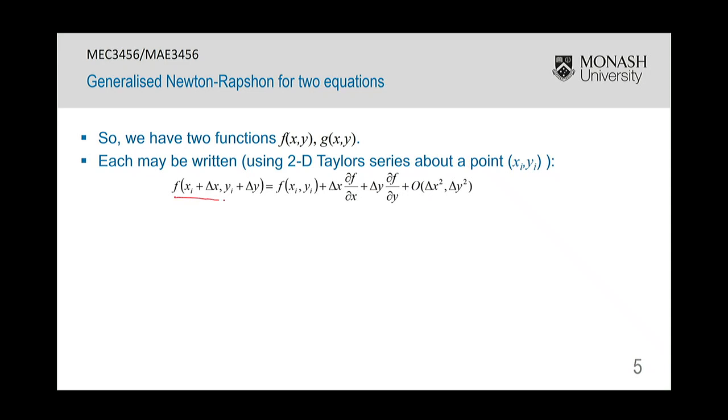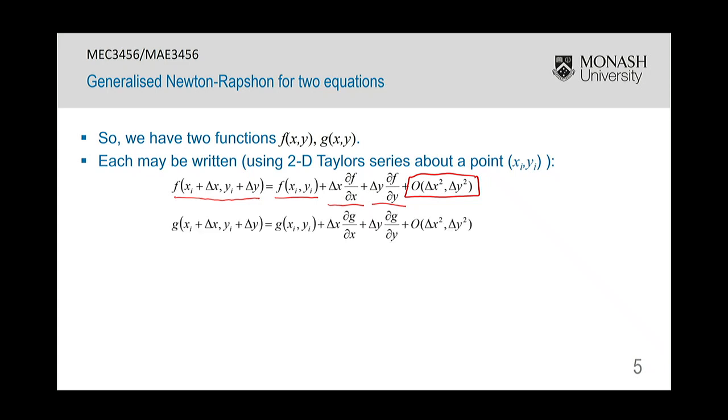So the left-hand side value here is equal to the function value at xi, yi plus delta x times the partial derivative of f with respect to x plus delta y times the partial derivative of f with respect to y plus some higher order terms. And we're going to neglect those higher order terms as usual.